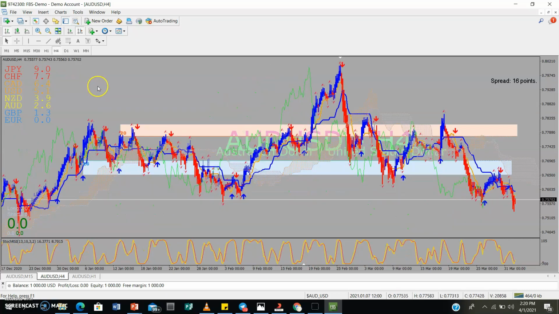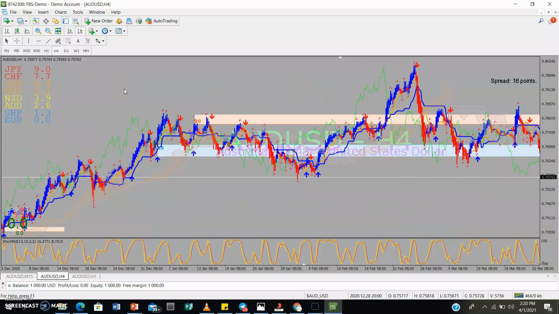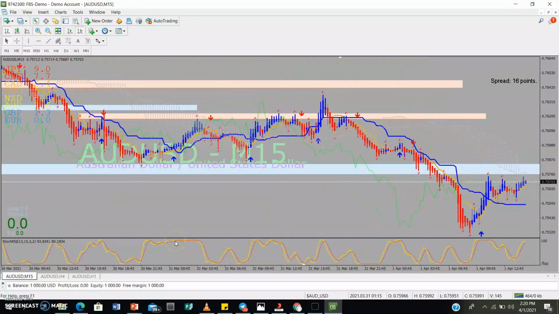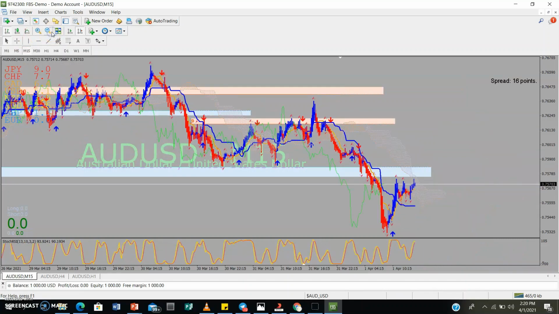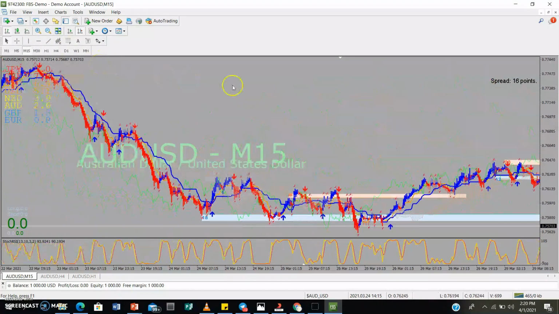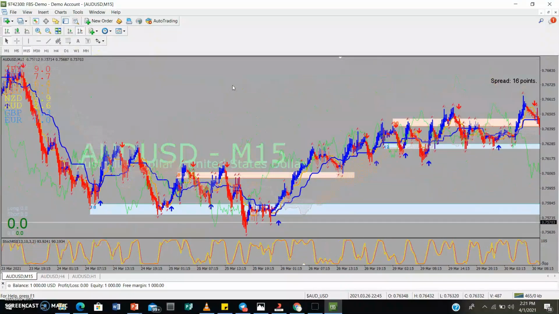I'm just going to outline how I like to use it, right? You can use it from any time frame, from the 15-minute time frame, the 1 hour time frame, or the 4 hour time frame. I'll later explain which time frame is best. But for now, let's start from the 15-minute time frame and just see how it's been doing, right?